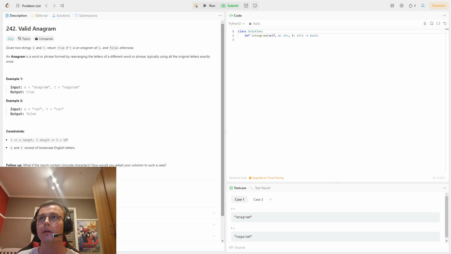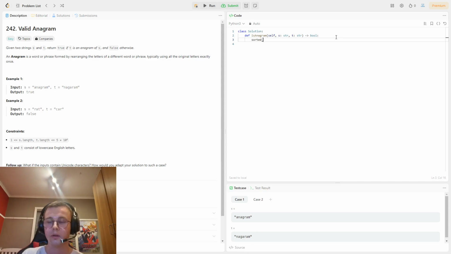Let's try. So again, I'm going to do my solution over a couple of lines. I probably could do it in one return line, a one-liner, but I'm not going to try and be cocky. So sorted underscore s is equal to sorted s.